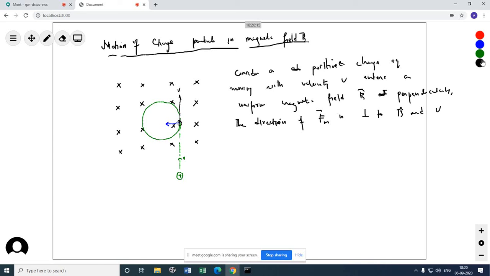If you take another point here, this is the velocity vector. Again you can see that it will be directed inside. Again you can see it here, it will be directed inside.